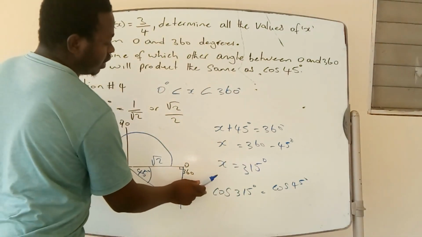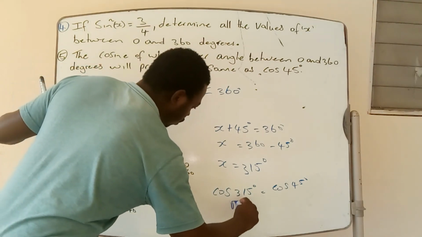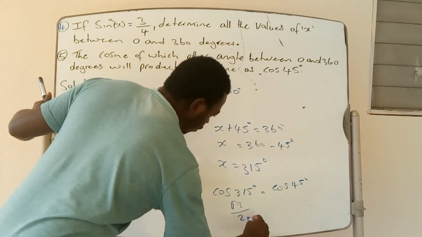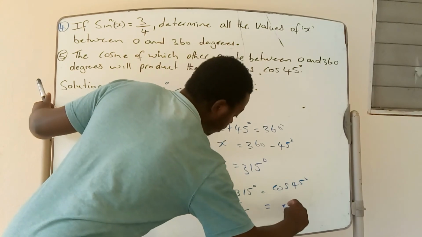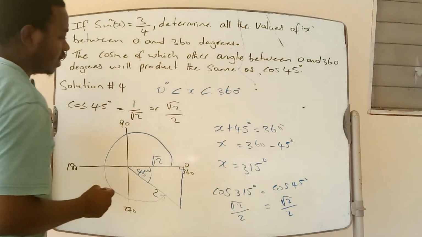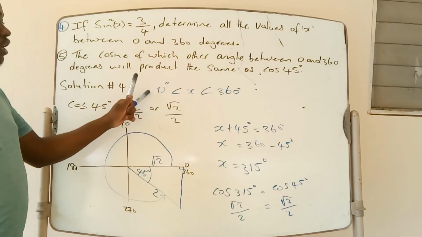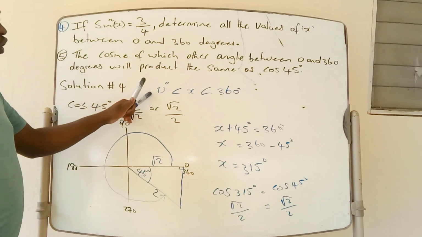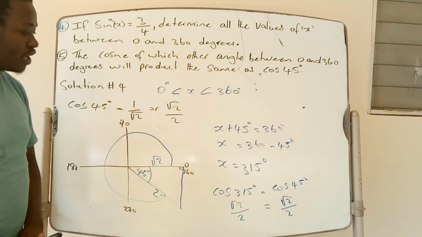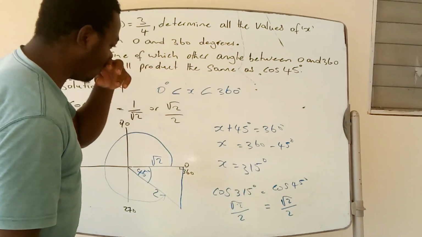Cos of 315 degrees is just equal to root 2 over 2, and cos of 45 is just equal to root 2 over 2. That's it. So that is the other angle that falls between this range, which is 0 to 360 degrees, that will give you the same result as cos 45. Alright?